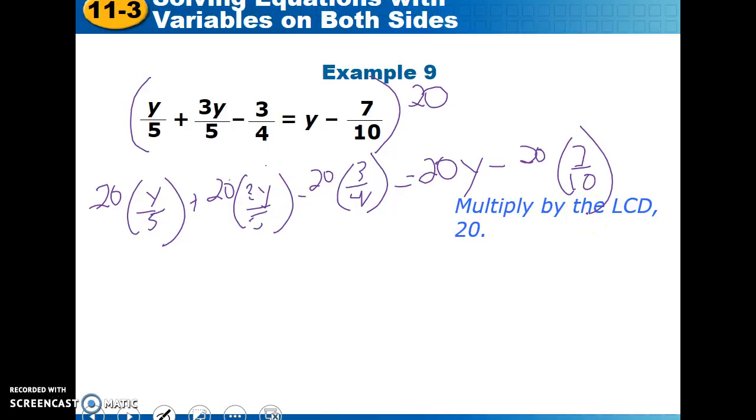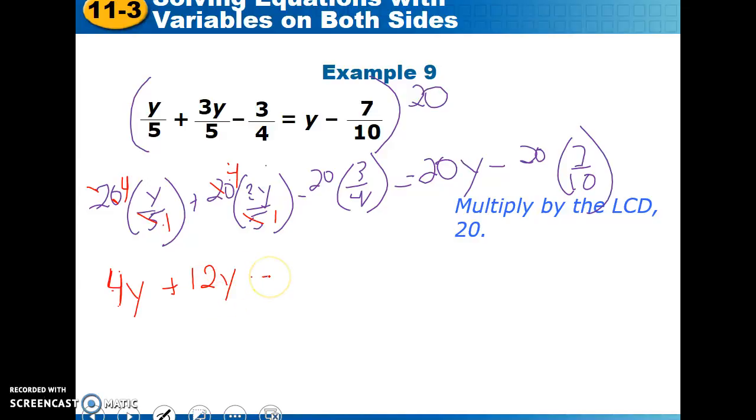So, using simplify before I multiply, dividing both these by 5, that's 1. This is 4. So 4 times y, that's just 4y. Again, simplify, dividing by 5, that's 1, that's 4. 4 times 3y, that's 12y.